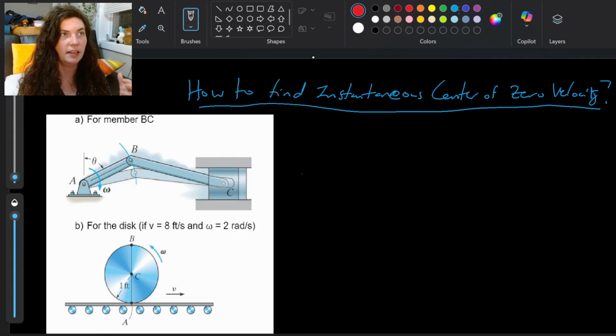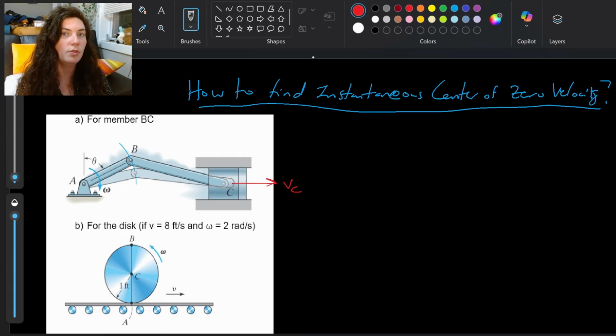And then looking at that angular velocity over there by A, because that's moving about the fixed point A, it's rotating clockwise in this case, so C has to be moving to the right. Right? When that AB is swinging down in that clockwise manner, it's going to force C to move to the right.